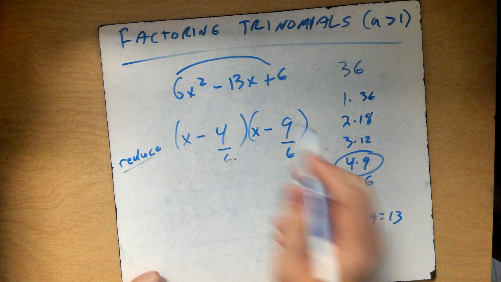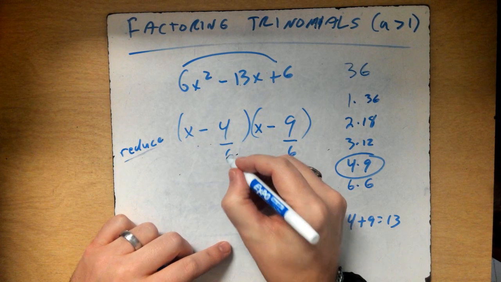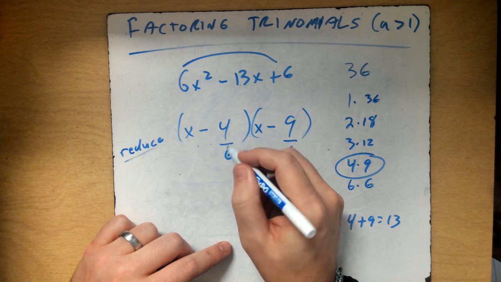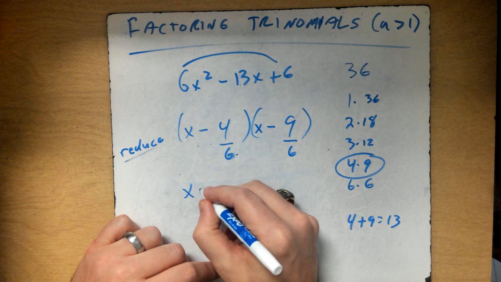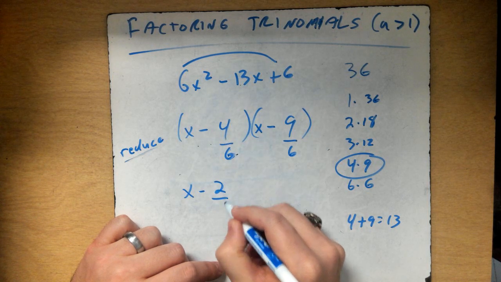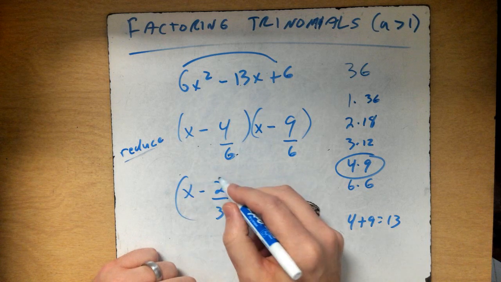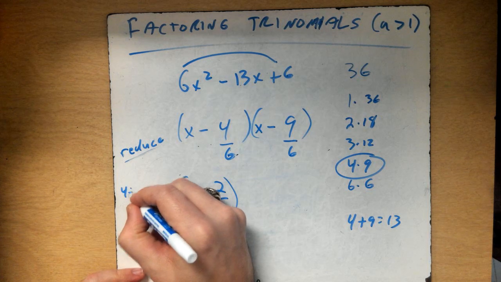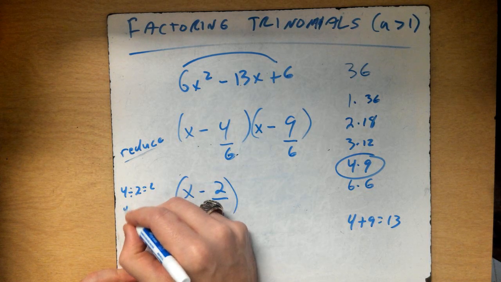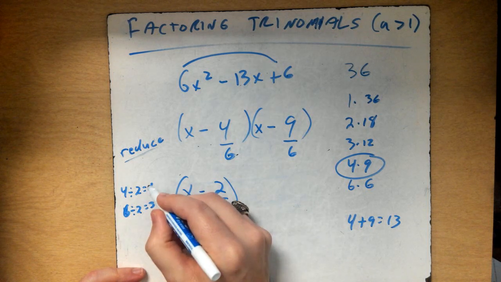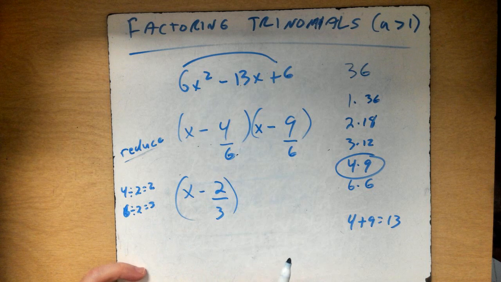What can I divide both 4 and 6 by? Well, I know I can divide each of them by 2. So if I do that, 4 divided by 2 is 2, and 6 divided by 2 is 3. That's how I get 2 and 3.